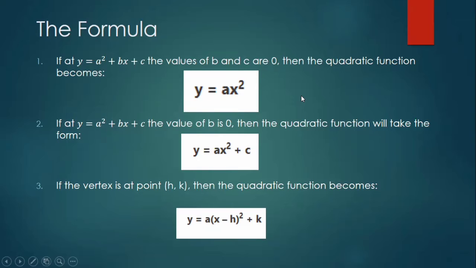Number 2, if in y = ax^2 + bx + c the value of b is 0, then the quadratic function takes the form y = ax^2 + c. And 3, if the vertex is at point (h, k), then the quadratic function becomes y = a(x - h)^2 + k.